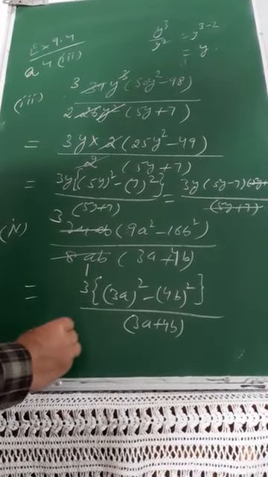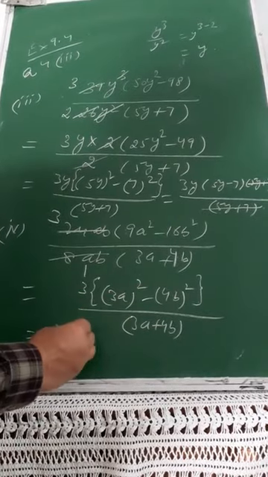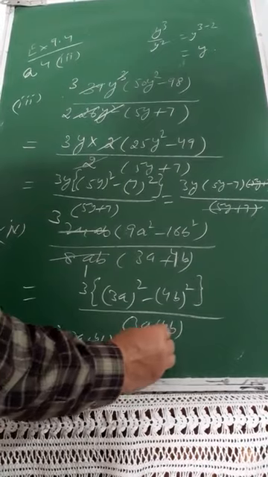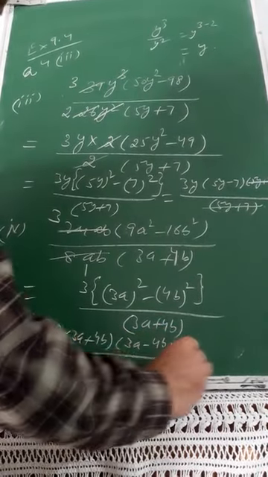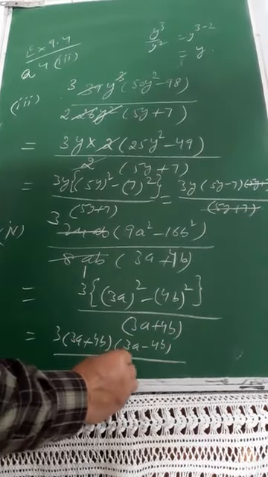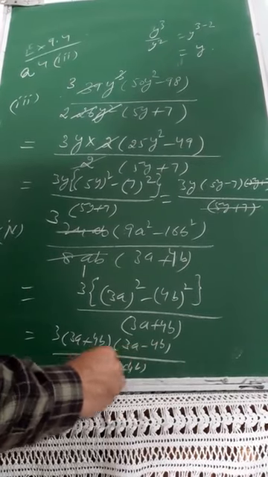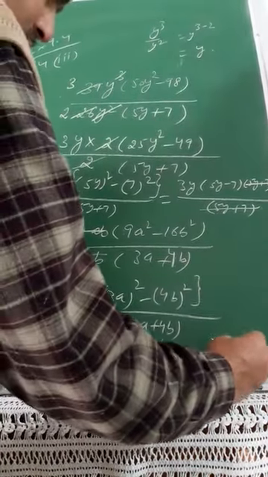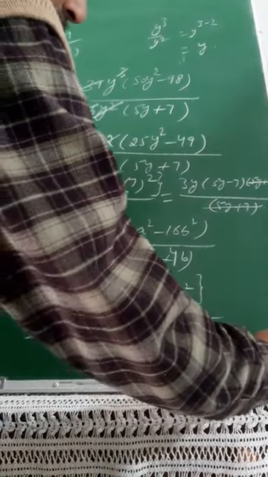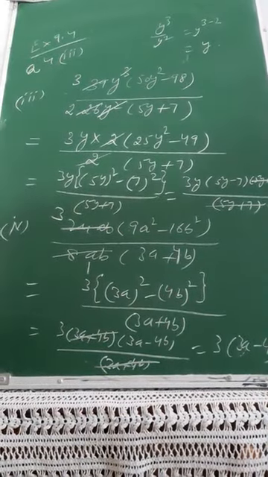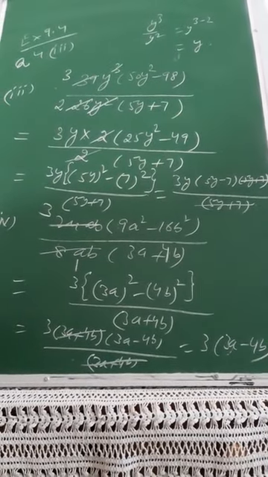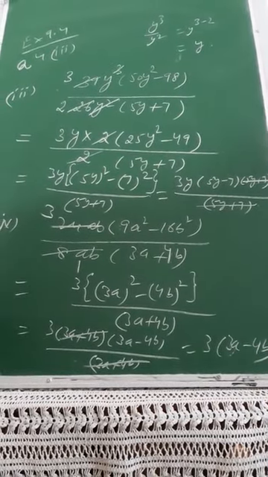Again here 3 into a square minus b square means a plus b into a minus b. And upon 3a plus 4b, it is already there, which you can cancel, and you will be left with your answer 3 into 3a minus 4b. So these are the solutions for your exercise 9.4, question number 4, third part and fourth part.